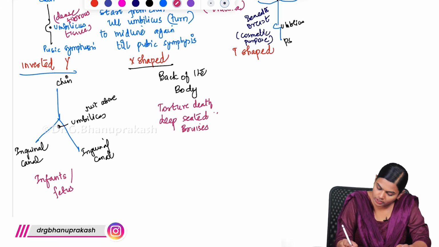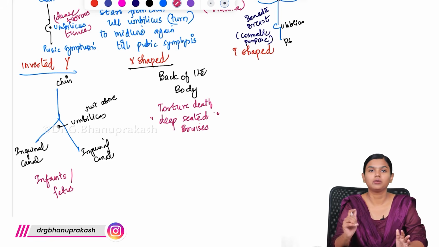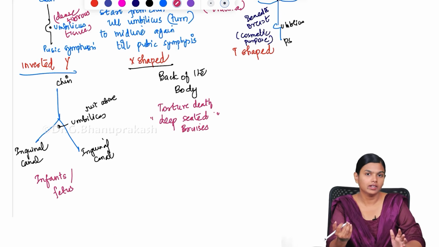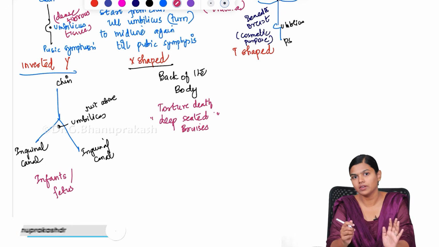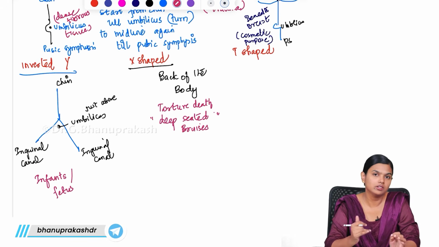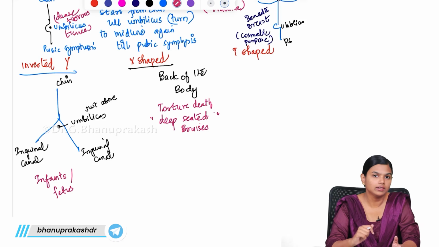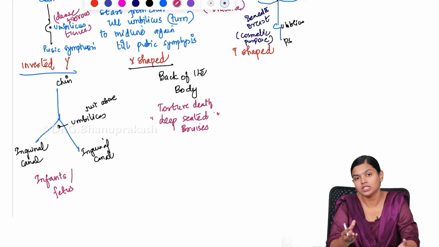Usually if someone is inflicting torture upon somebody, they will beat over areas where bruises will not readily be visible. Like they will cause injury over the soles and the palm, or they will beat over the back. This is where normally you will get deep bruises. It will not be readily visible over the skin. In all other places where there is loose fat tissue, the bruises will be very easily visible.